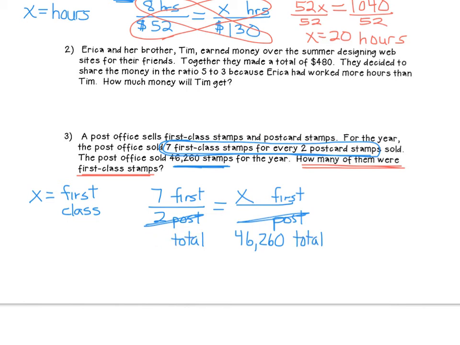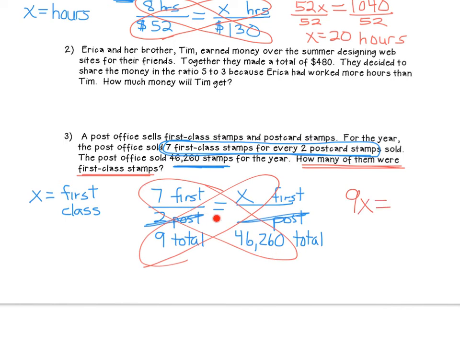What number is going to go here? Well, total means add all together. What's 7 plus 2? 9. All right, there's my proportion. Now, the easy part, cross multiply. So I like to start with the variable. 9 times x is 9x.